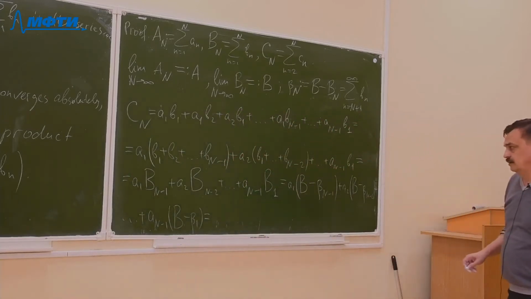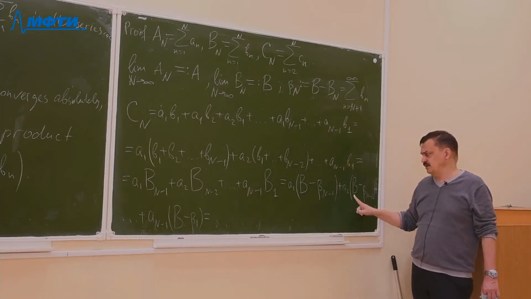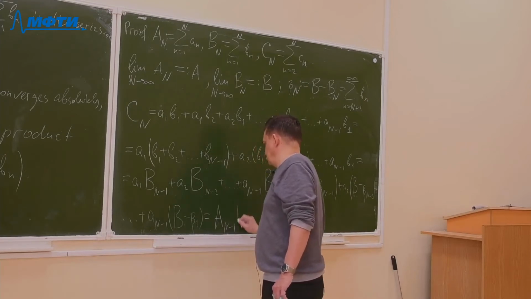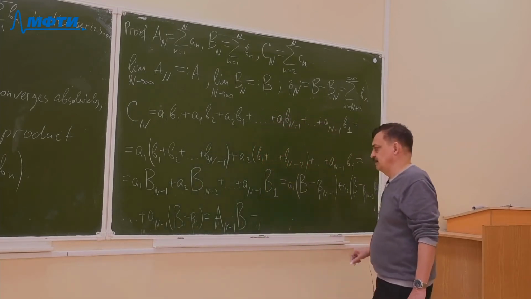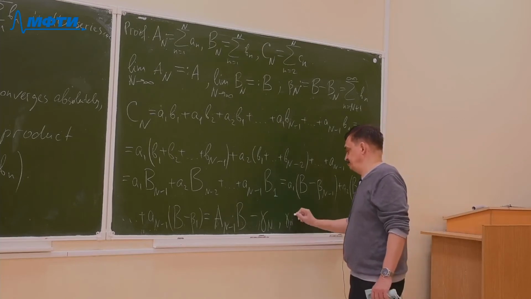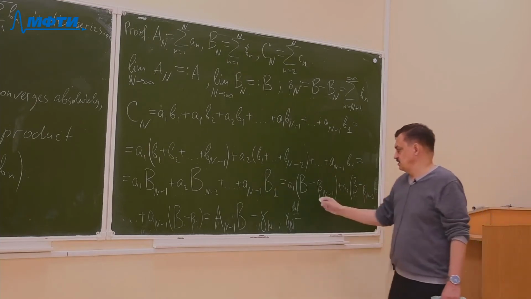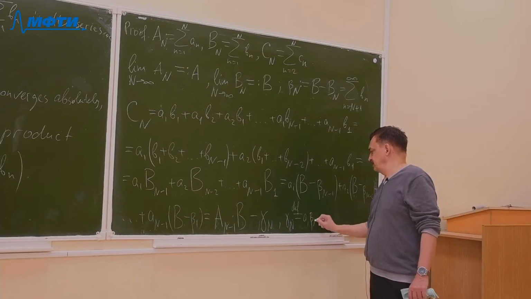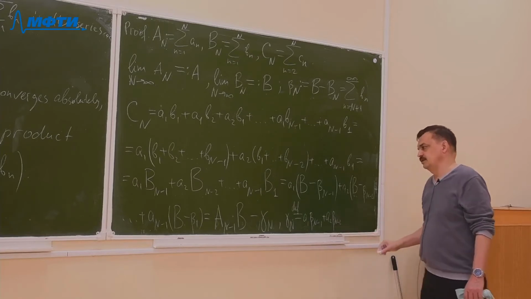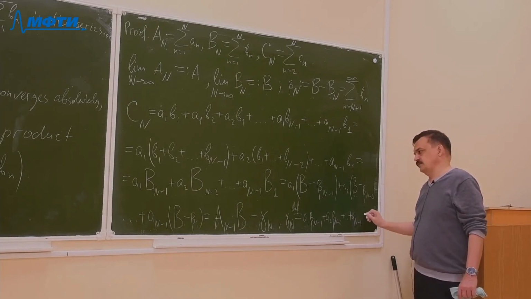And if I take common multiplier capital B, then what remains is the partial sum A_(N minus 1) times capital B minus gamma_N, where gamma_N by definition is equal to, so what we subtract here, A1 beta_(N minus 1), A2 beta_(N minus 2) plus so on plus A_(N minus 1) beta_1.